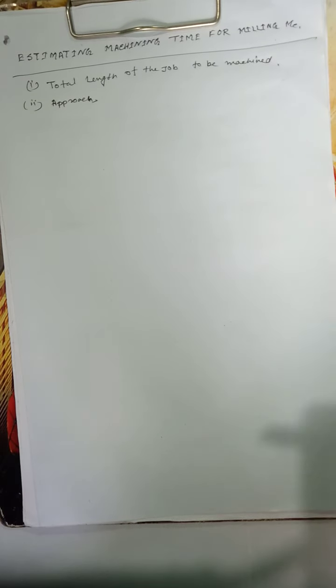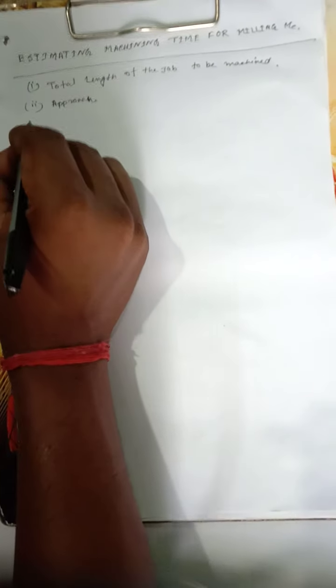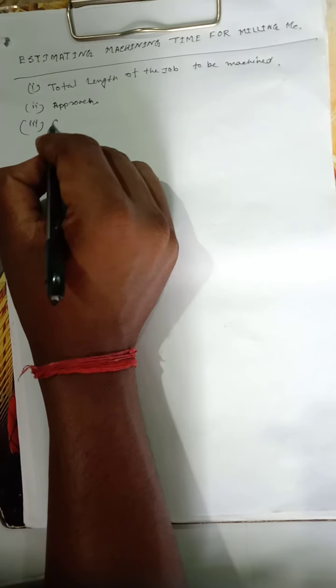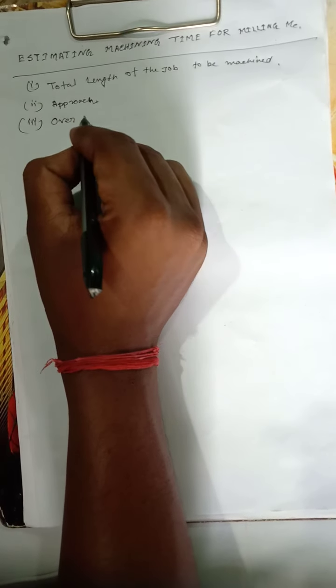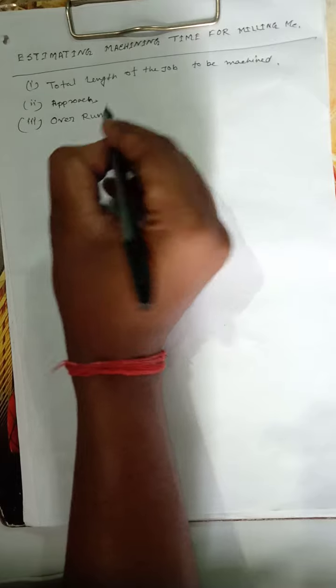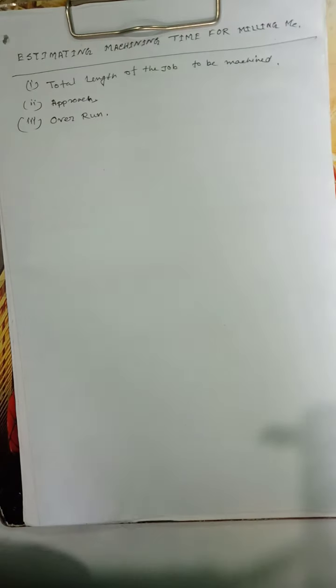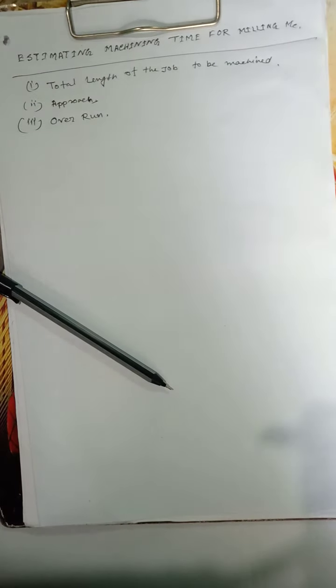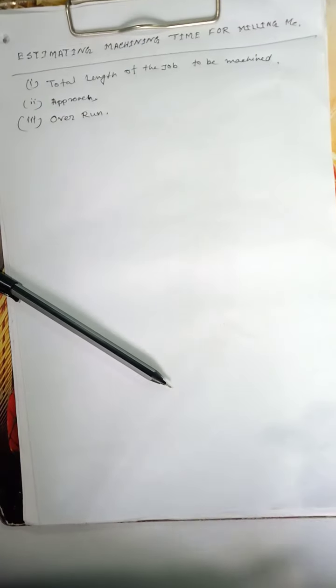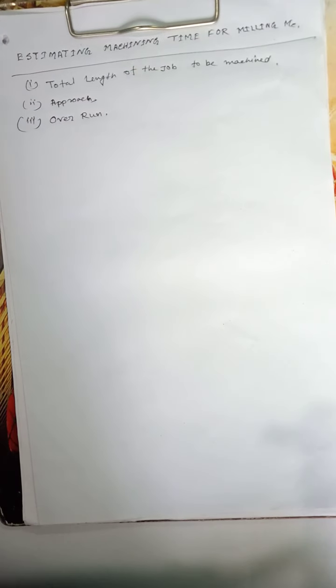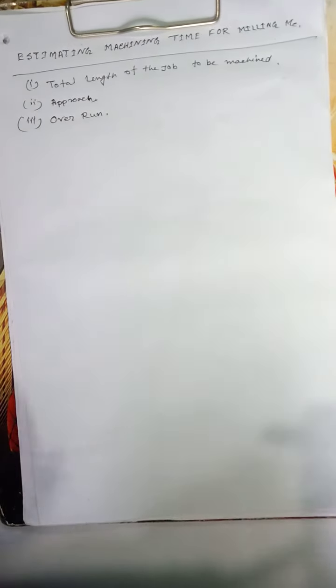Next, number 3, overrun. We see overrun in the shaper machine, and we see overrun in the milling machine. What is overrun?